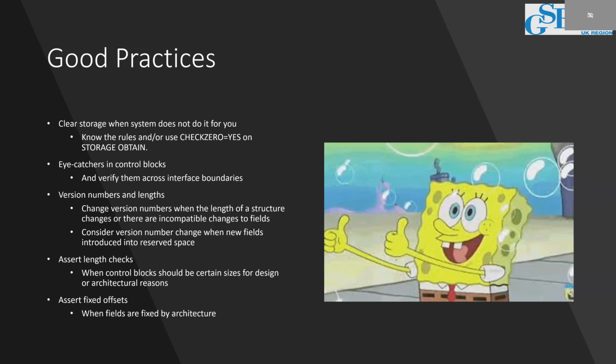And this is another problem for software developers as well, because if they're testing their software on a low use system, it could well be that during that testing they are getting clean buffers back all the time. But they shouldn't be, because they're not obeying the rules on STORAGE OBTAIN, GETMAIN, and they should not necessarily be getting that back cleared to 0.